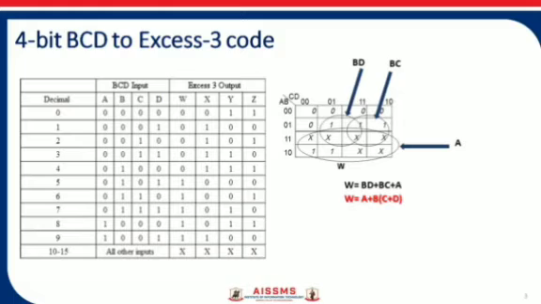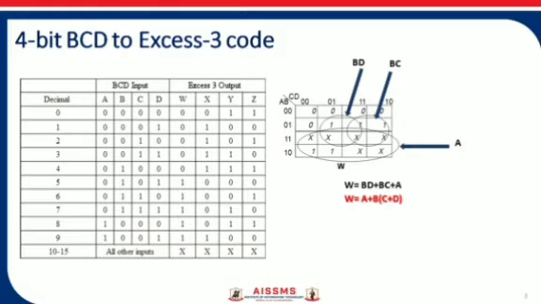Basically, the K-map is useful to find a Boolean expression or to reduce a Boolean expression. There are two methods, SOP, sum of product, and product of sum. We are going to follow sum of product.